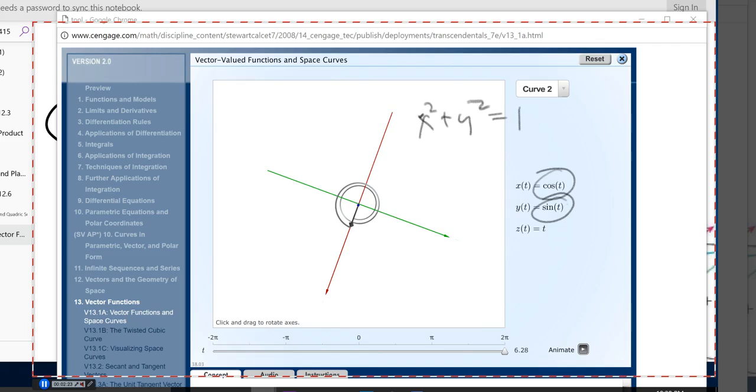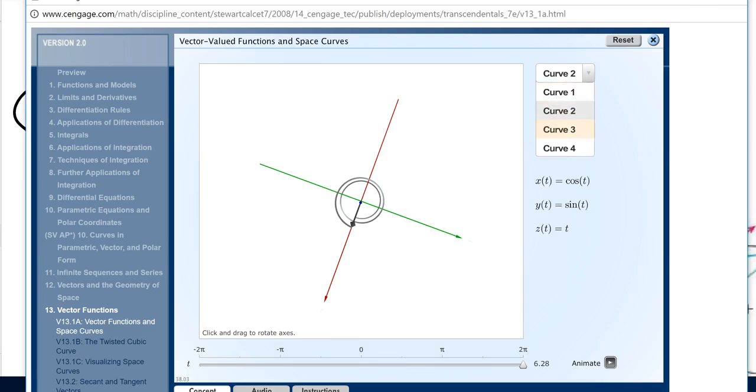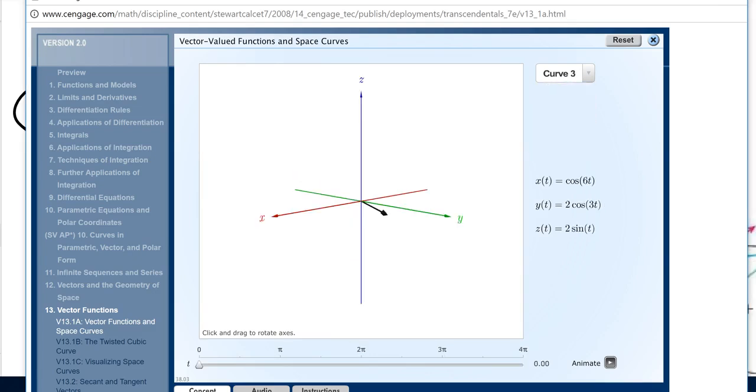All right, so moving on, we can look at another curve. This is an interesting one. Let's animate this. This curve is traced out by this vector function. Now you can't really tell what it looks like. If you look at the bottom, we're going through values of pi.